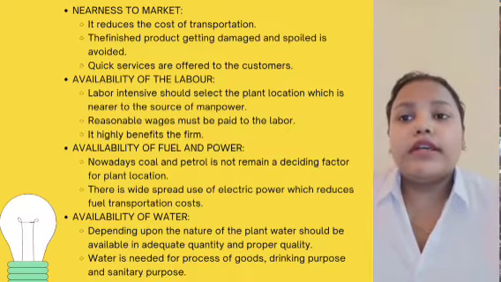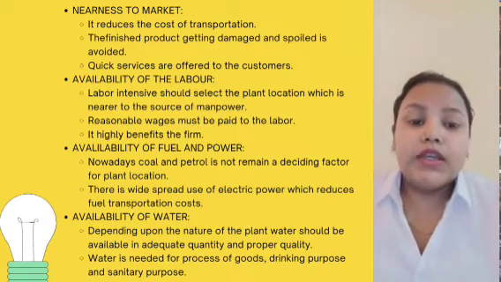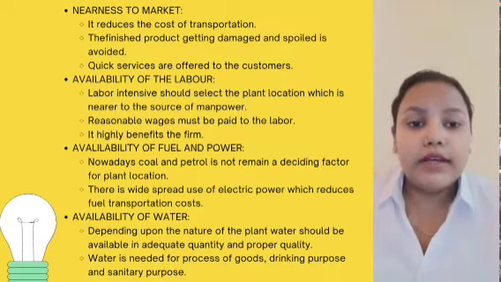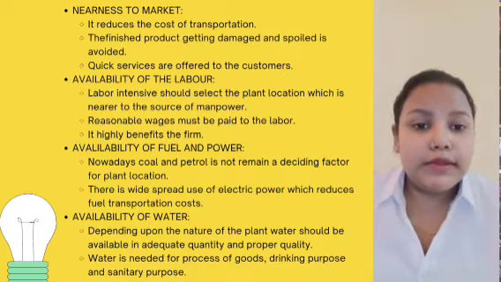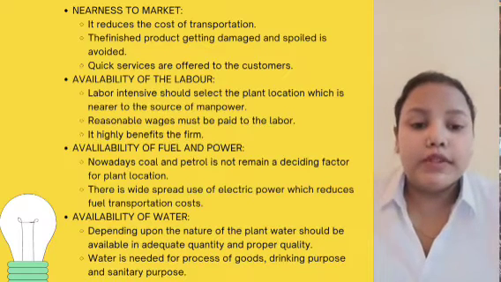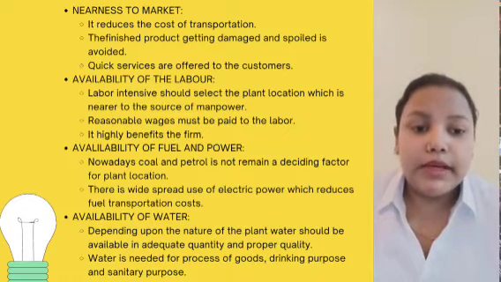Then quick service to the customer. You can select a location where you can give quick service, offer customers good service, and get new customers. So you have to select that type of location.